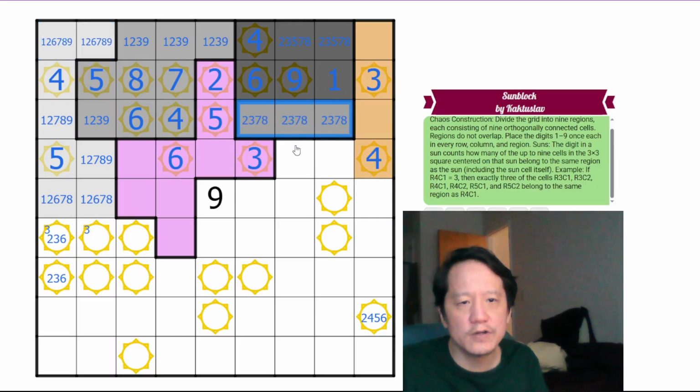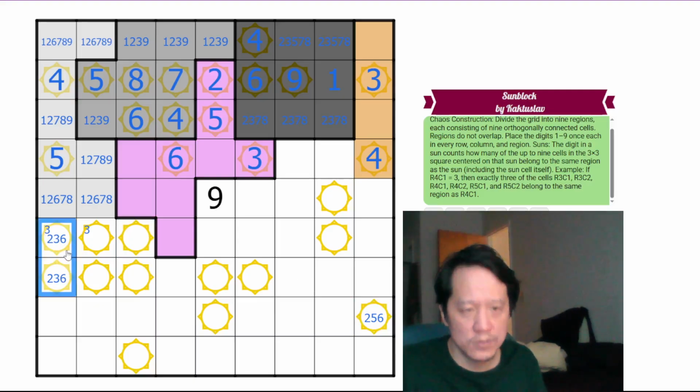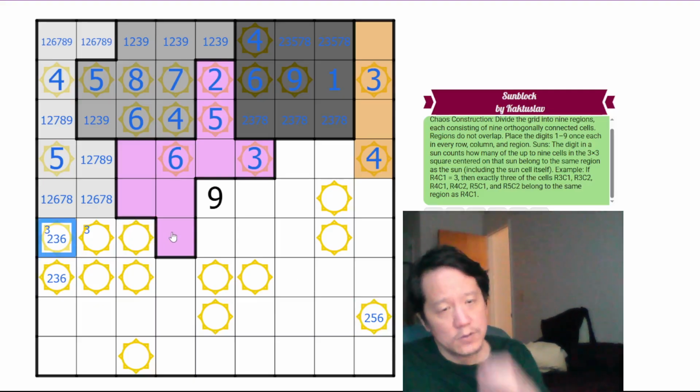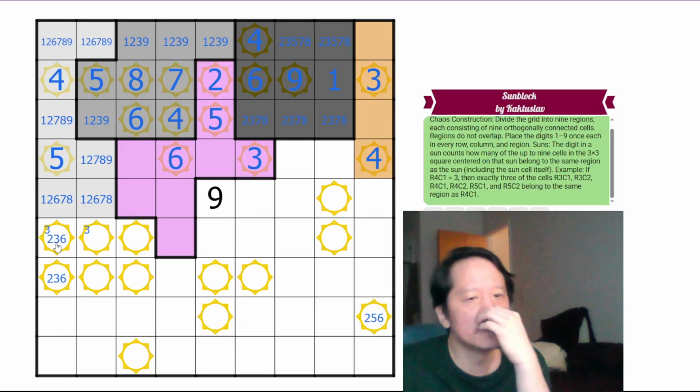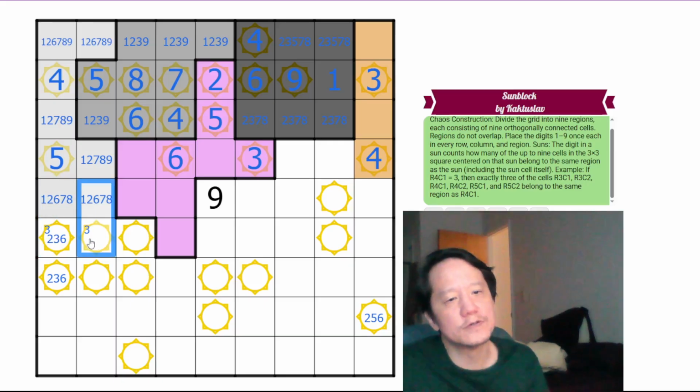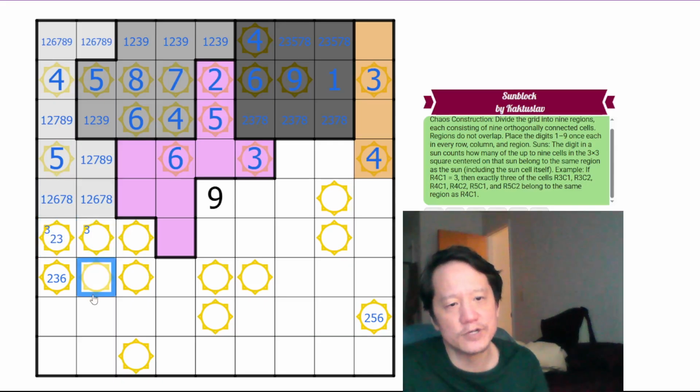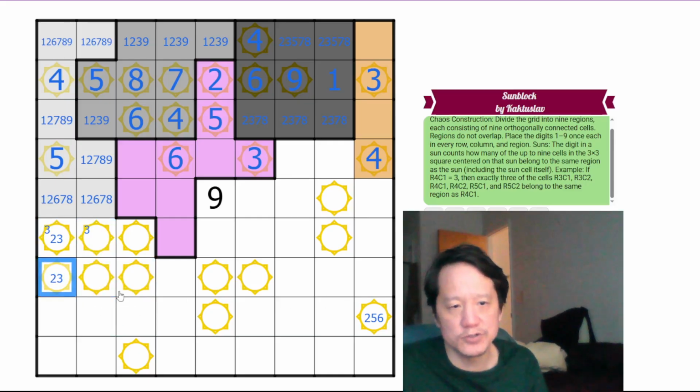No 5 here. Remaining digits, this cannot be 4. This can no longer be 6, so this would have to be 2 or 3. This can no longer be 6, so this would also be 2 or 3.